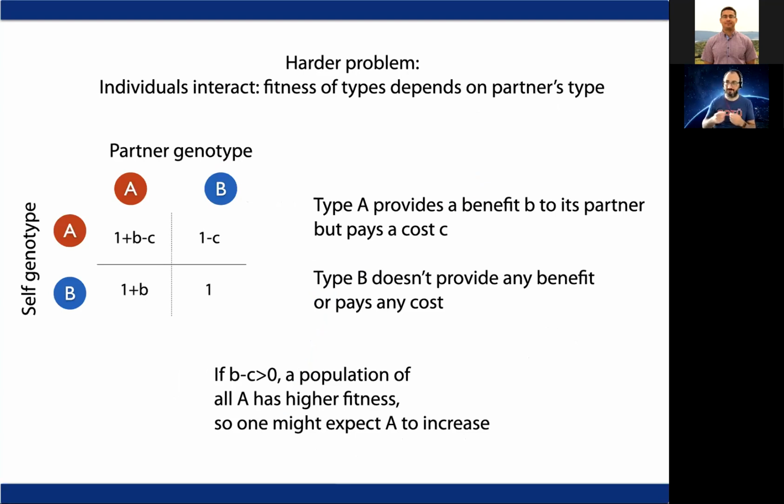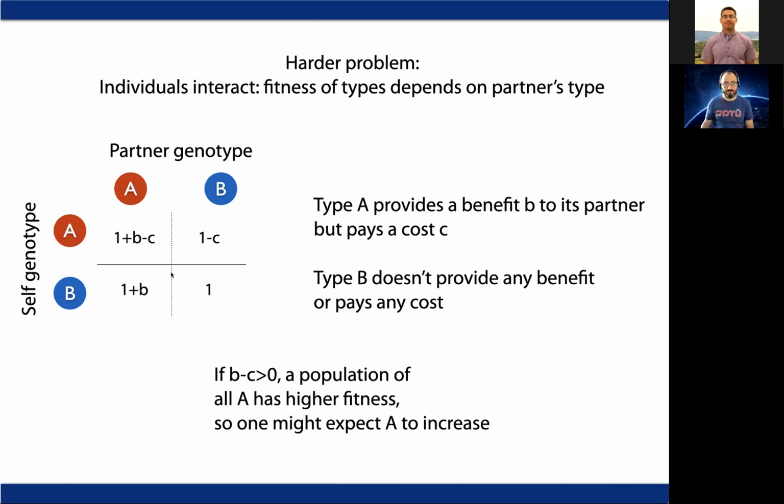So if there are social interactions, within species or between species, in this case within species, then the fitness of an individual depends not just on its own type, A or B, but also on the type of the individual they're interacting with.